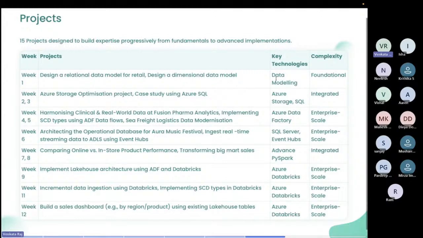Then we can pursue the Databricks Data Engineer Associate certification and Databricks Data Engineer Professional certification. There is also the Apache Spark Developer certification from Databricks. So we can pursue all these four certifications to get started with this career.